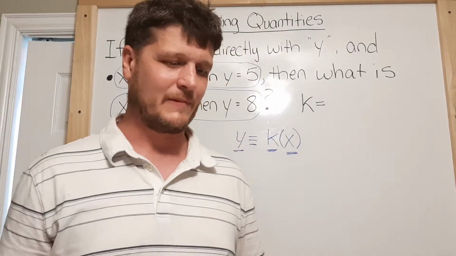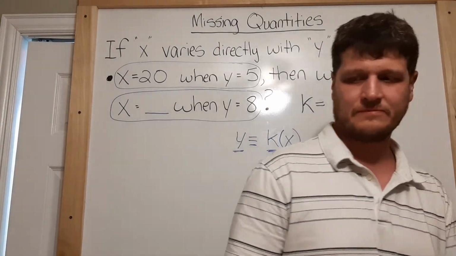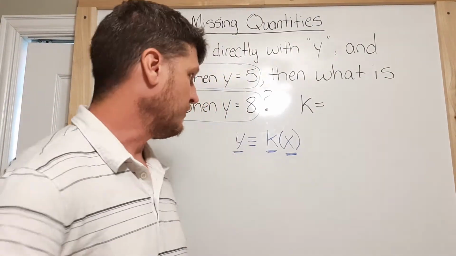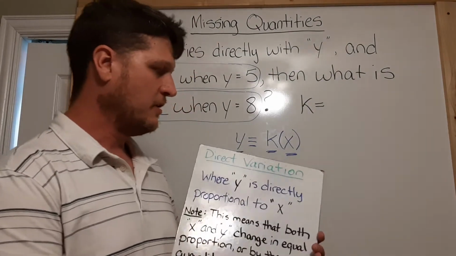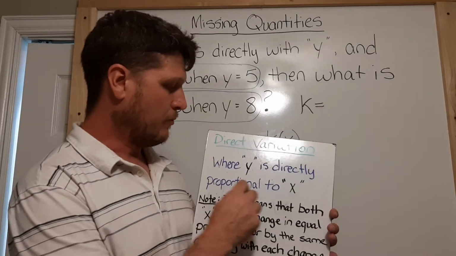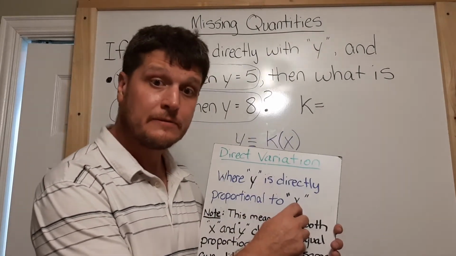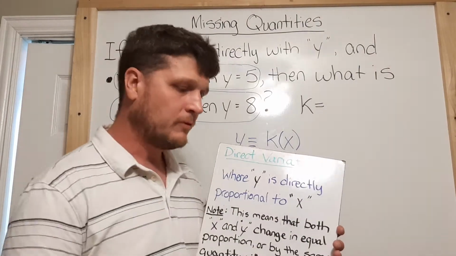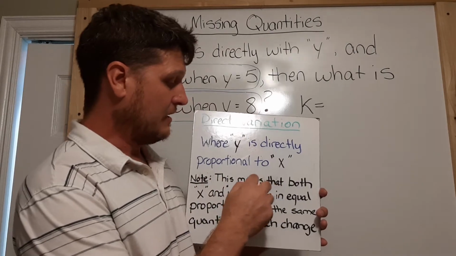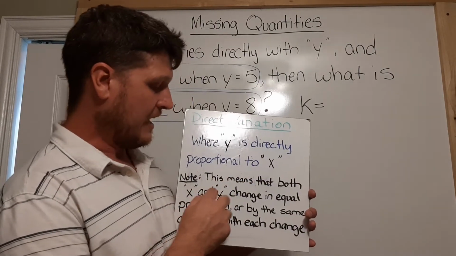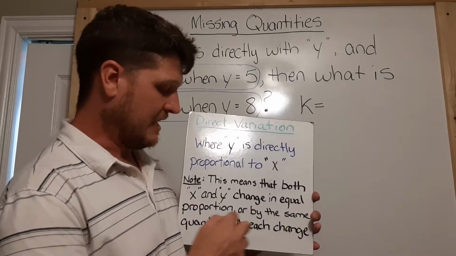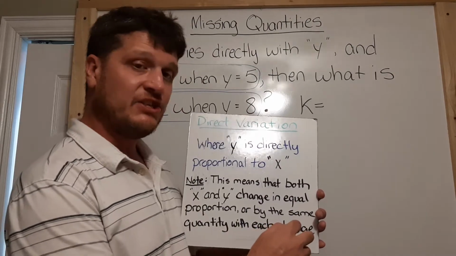Now, when we talk about direct variation, we talk about an instance where y is directly proportional to x. This is what it means: both x and y change in equal proportion, or by the same quantity, with each change.